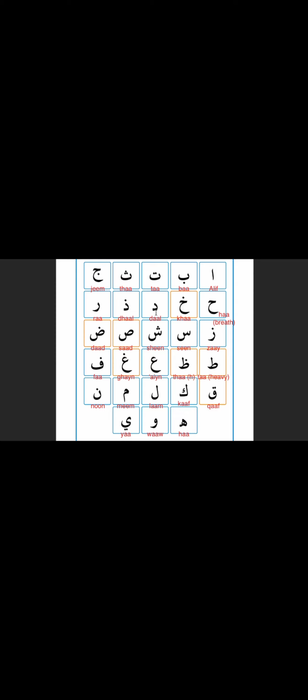Kha. Dal. Dal. Dhal. Dhal. Ra. Ra. Zai. Zai. Sin. Sin. Sheen. Sheen.